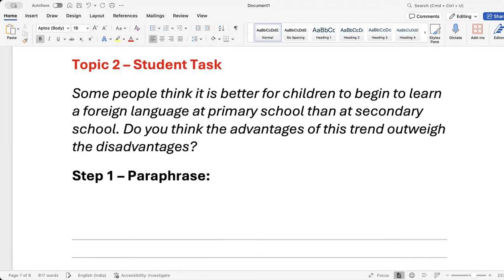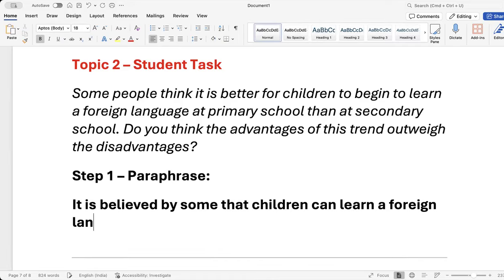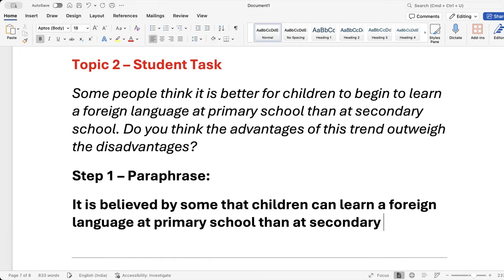So it is believed by some that children can learn a foreign language at primary school, then at secondary school. I think secondary school is called tertiary education.